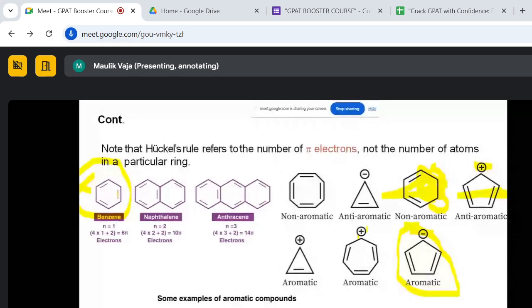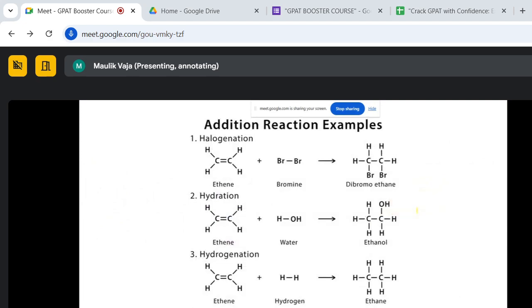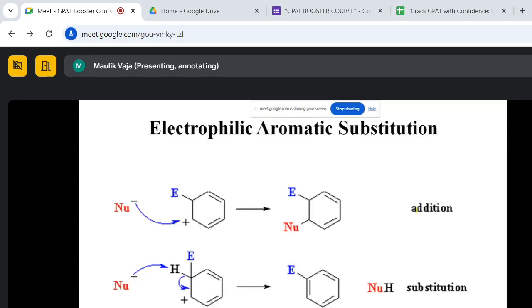If one double bond is there in cyclohexane, it is cyclohexene; two double bonds, 1,3-cyclohexadiene; and benzene is 1,3,5-cyclohexatriene. So according to this scenario, benzene should undergo addition reaction.